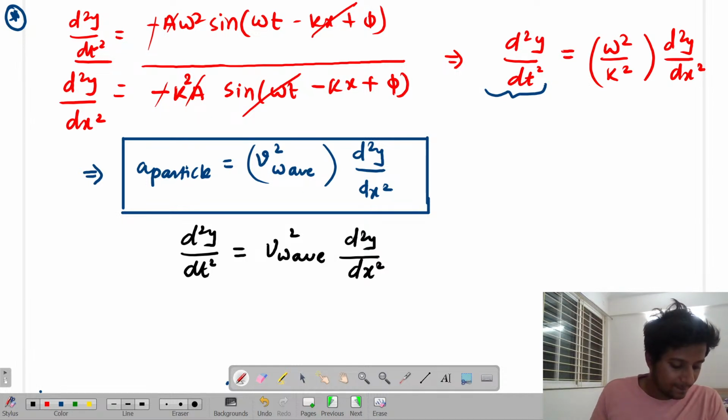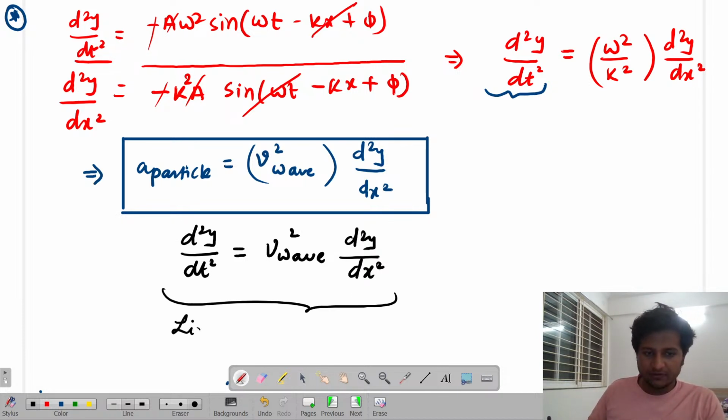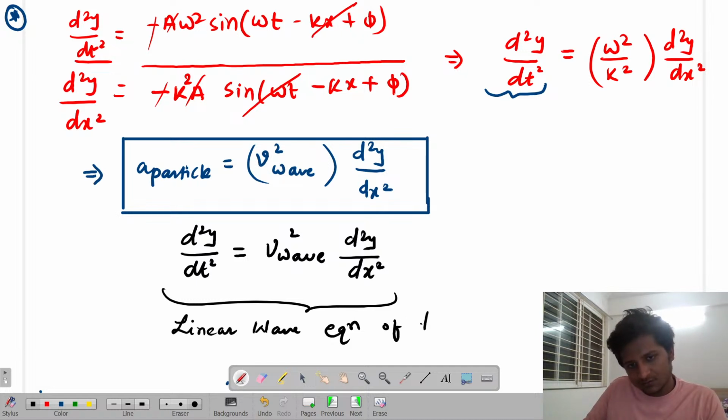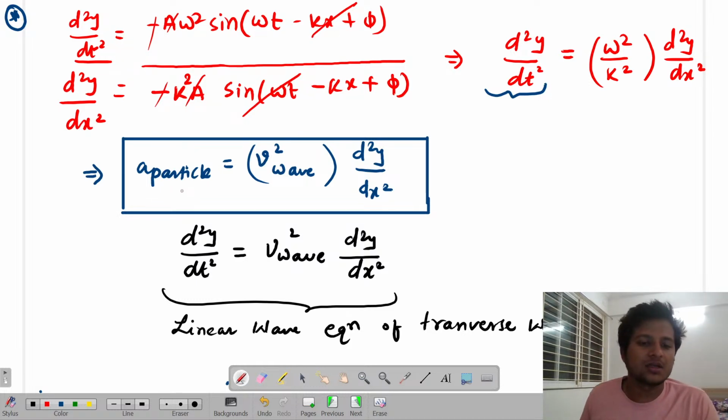Okay. So this is called as linear wave equation, linear wave equation of transverse wave or plane progressive waves. Okay. That means the acceleration of a particle is provided by this equation, where it is dependent upon velocity of wave because there is no acceleration of wave into the variation of the particle with respect to position. Got it or not?